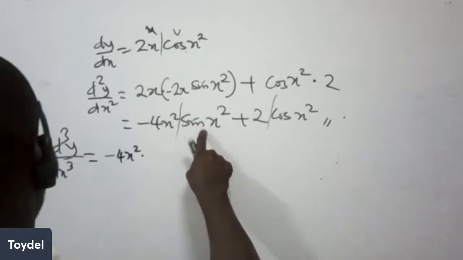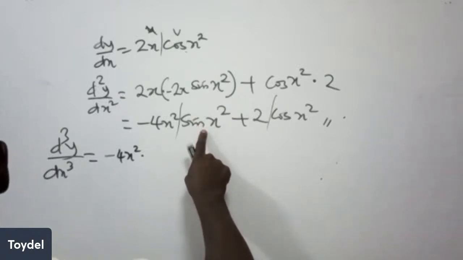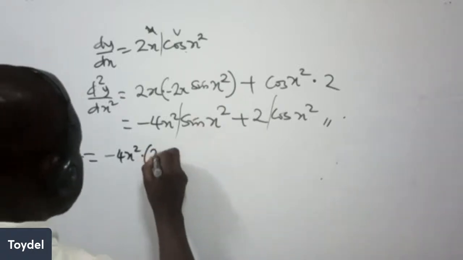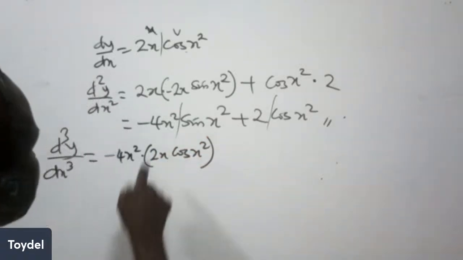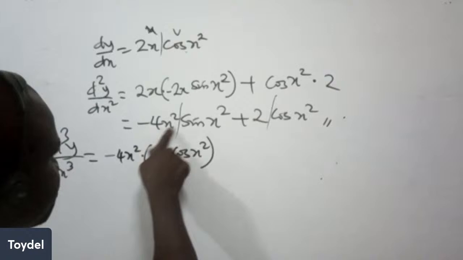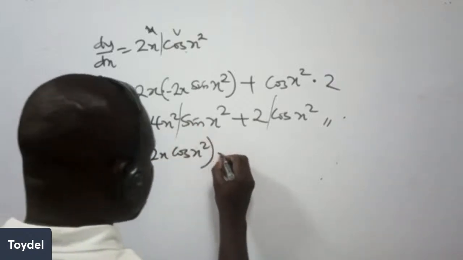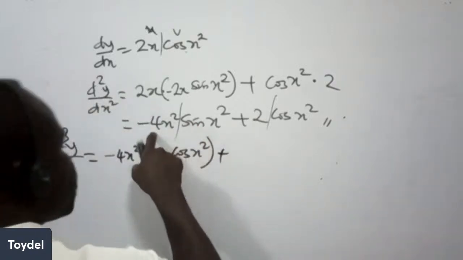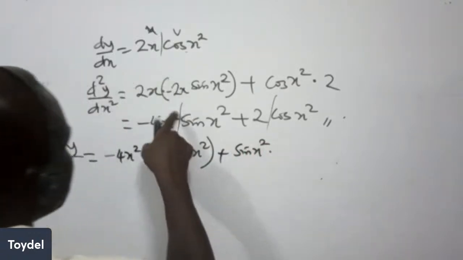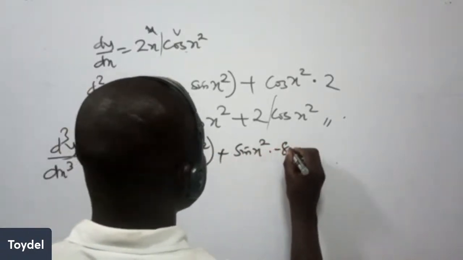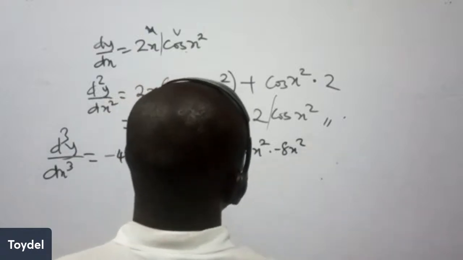When we take the derivative, it's given as 2x cos x squared. That's what you're going to get. I've picked this first one and differentiated the second one. Plus, I will now pick the second one and differentiate the first one. Plus sin x squared multiplied by the derivative of this, which will be minus 8x. That's what we are going to get.